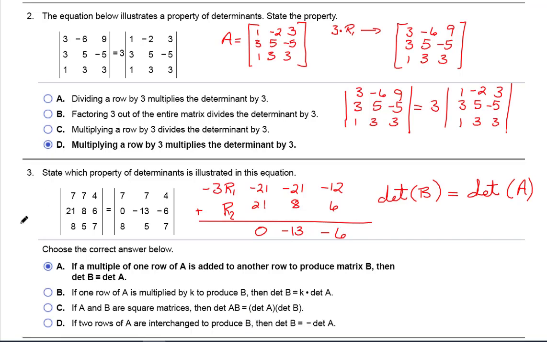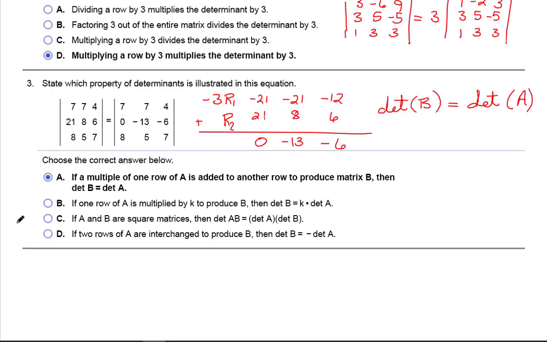Alright, question 3. Let's see if anything got switched. No, row 3 is still there. But now row 2 seems to be different. I've got a 0 here, so what happened is we multiplied the first row by minus 3, added it to row 2 to generate a new row 2.